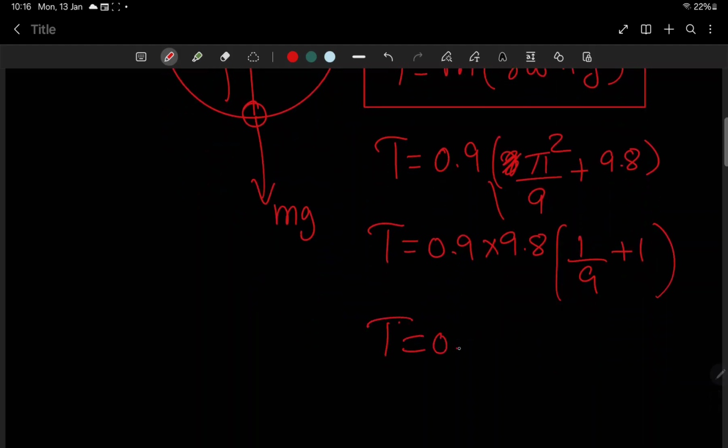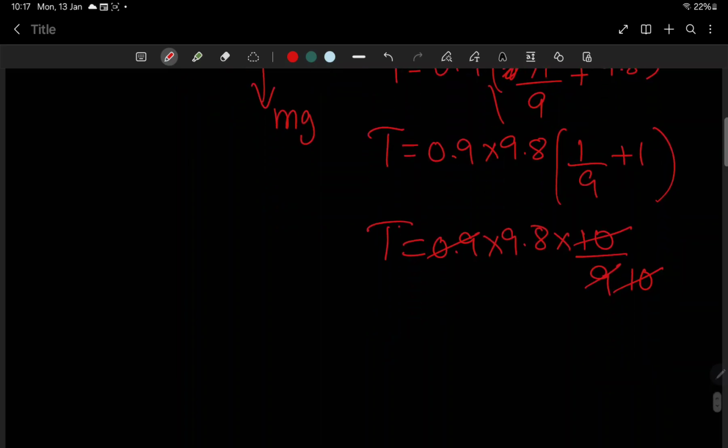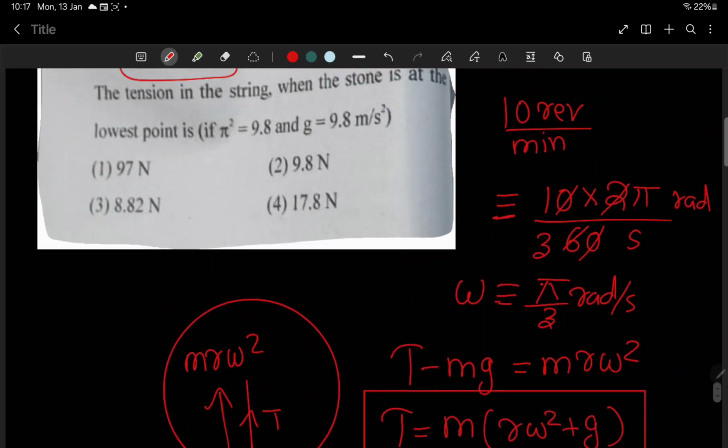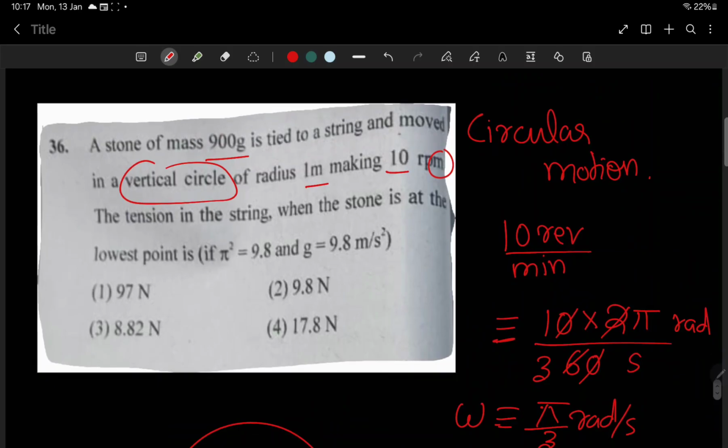That is 0.9 into 9.8 into 10 by 9. Here the 10s and 9s cancel. So we get T equal to what? Tension equal to 9.8 Newton. That is option number what? 2 or 3? Option number 2. Yes, we got the answer. This was also an okay question.